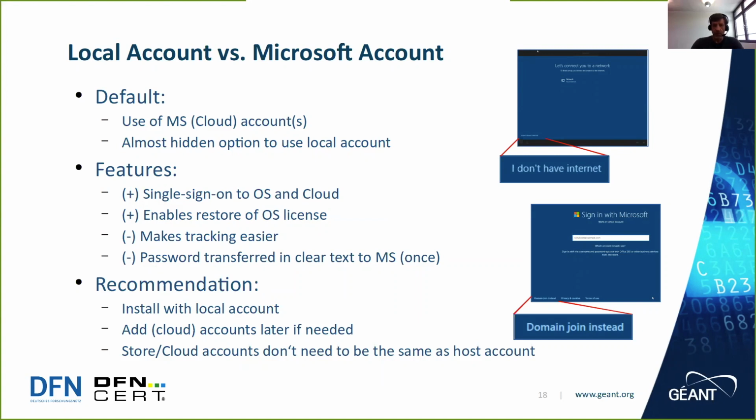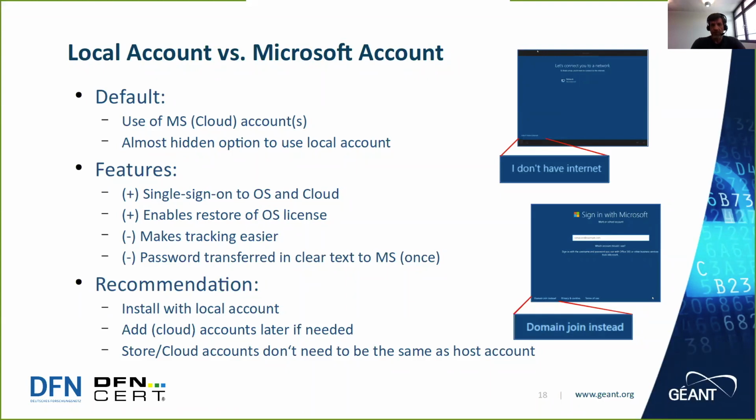And when we have no network, we can always choose the option I don't have internet. Or when we have a network, it is named domain join instead, which is a bit misleading here. We don't have to join a domain. We can just use a normal local account, but we can also use a local domain if we want to.